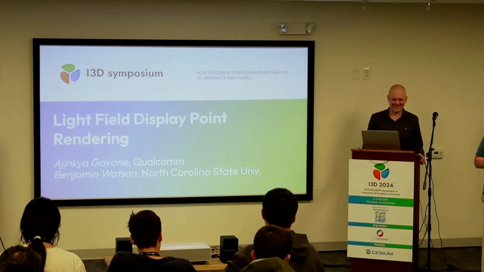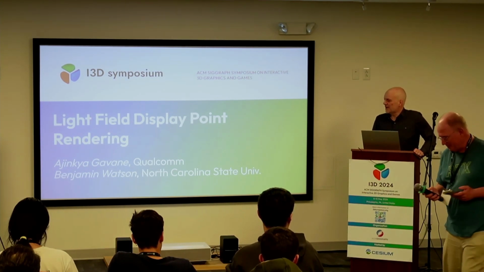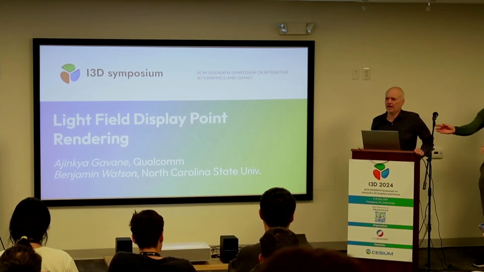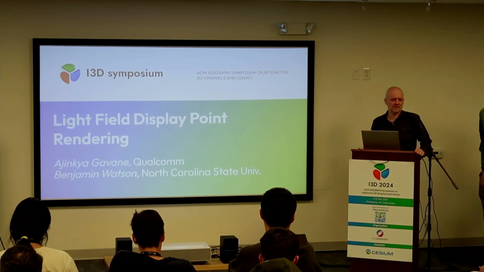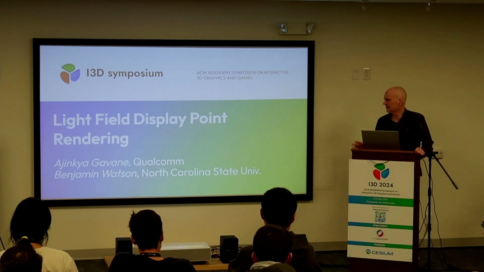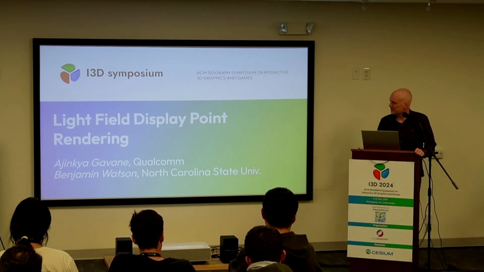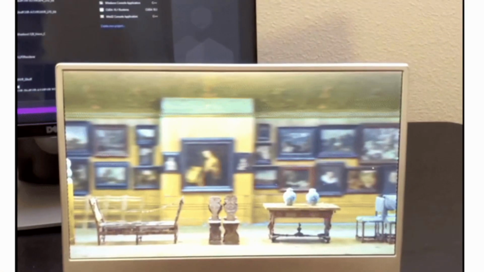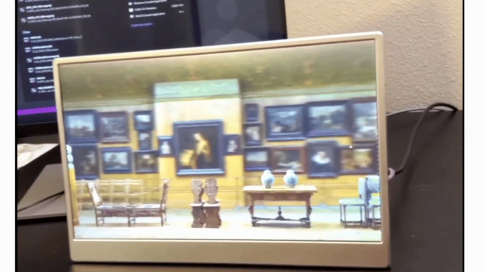Thanks, Pete. Right, so again, my name's Ben Watson. I'm presenting work of my recently former student, Ajinkya Gavani, who just started a job, so couldn't make it today. Talking about rendering for light field displays. So this is a light field display.